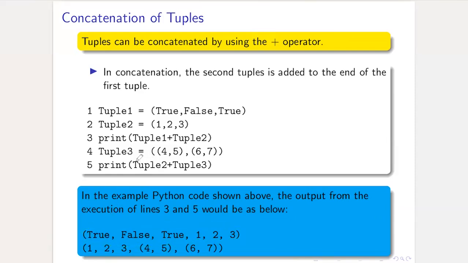Then you can see in the next example, I have a tuple 3, which consists of 2 tuples within that. If I add tuple 2 and tuple 3, that will be a 5 element tuple: 1, 2, 3, 3 elements, then the fourth element is this tuple with 2 values 4, 5, and the fifth element is the tuple with the pair 6 and 7. That's how it becomes a 5 element tuple.